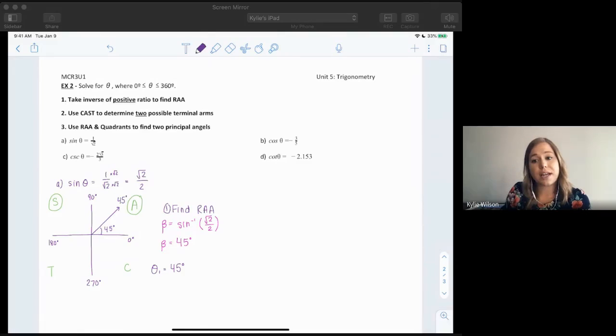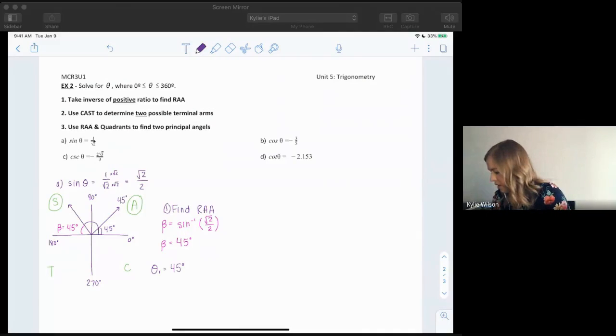Now we also could have one living in quadrant 2. So let's draw that one. And our related acute angle must also be 45 degrees. So now I need to think, what is my angle value if it went all the way from 0, around, and then had 45 degrees left before it got to 180?